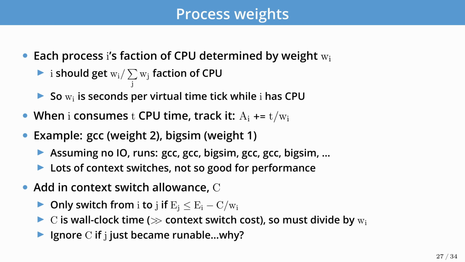To mitigate this and to reduce the number of context switches, the BVT scheduler has a notion of a context switch allowance, which is denoted by C. Here, we're only going to switch to another process once we've exceeded the virtual time by this C factor. And C is in wall clock units, so we have to divide it by the weight as well when you use the formula shown in the slide.